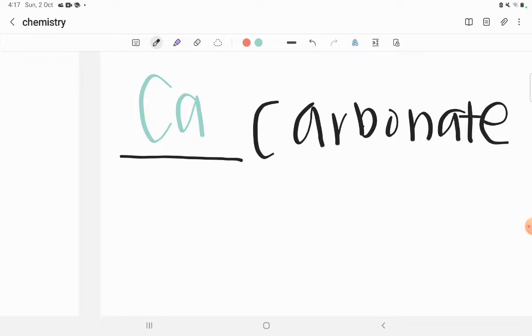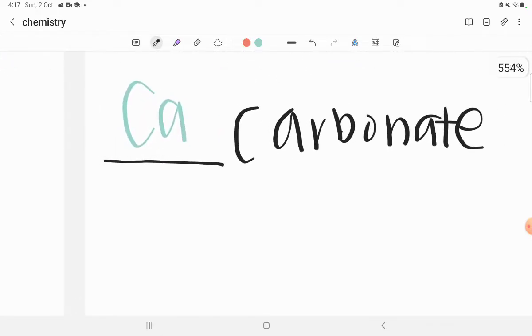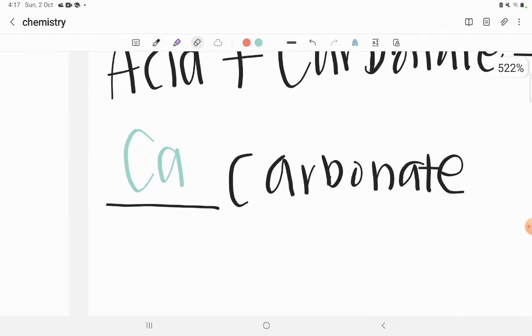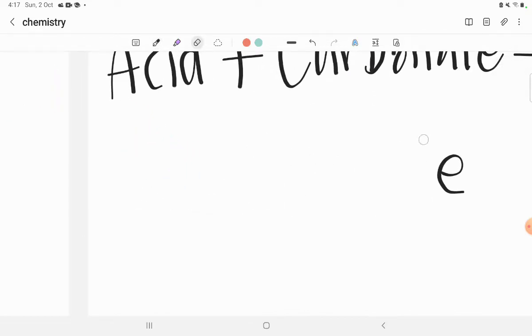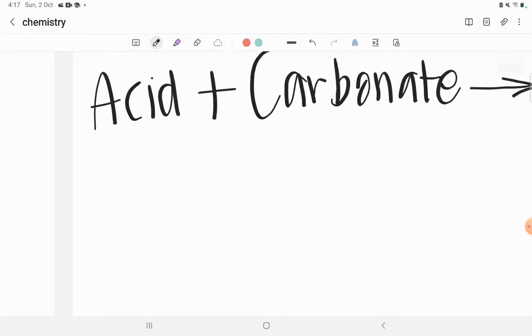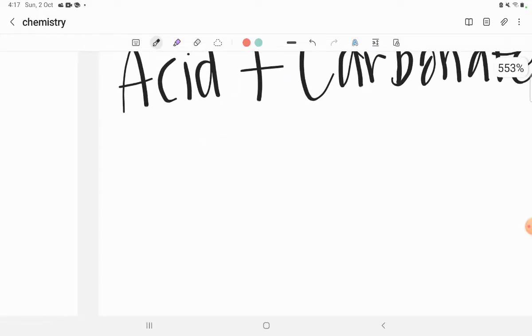Okay, calcium carbonate is chalk, the chalk that you use on the blackboard. So let's write a chemical equation for this reaction. What acid shall we use? Okay, let's use nitric acid.